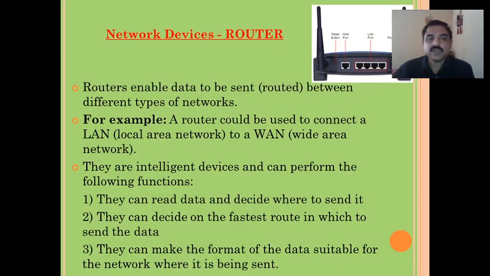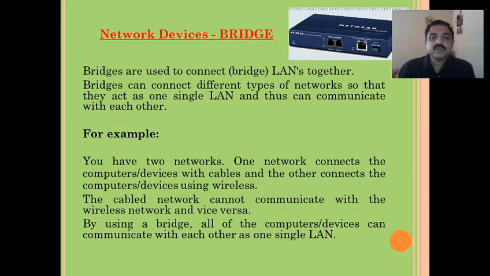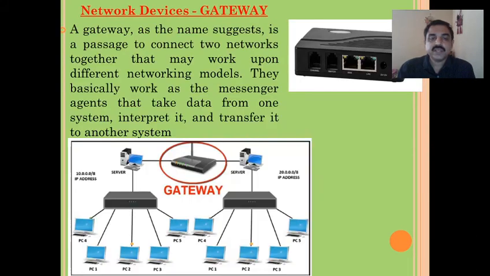Then we saw router, which enables data to be sent in different routes. It can read data and decide where the data has to go, and it searches for the fastest route to send the data. Then we saw bridge. It bridges two different networks together. Then we saw gateway.